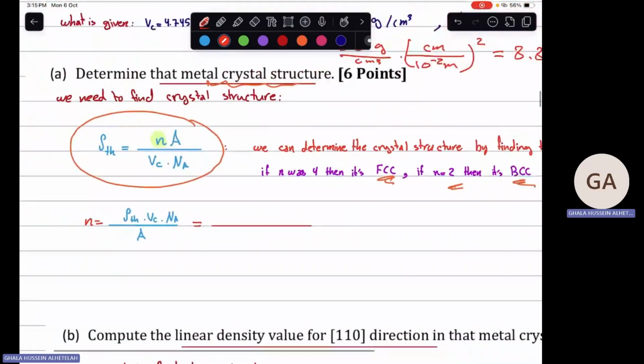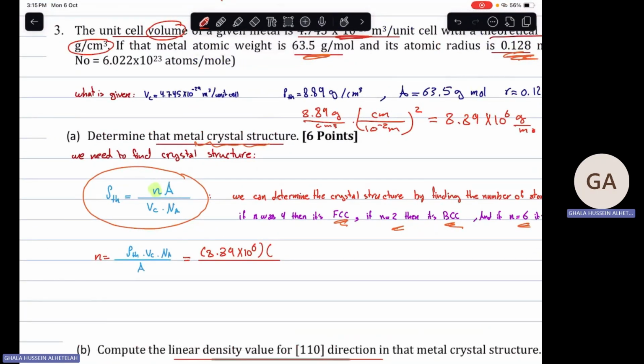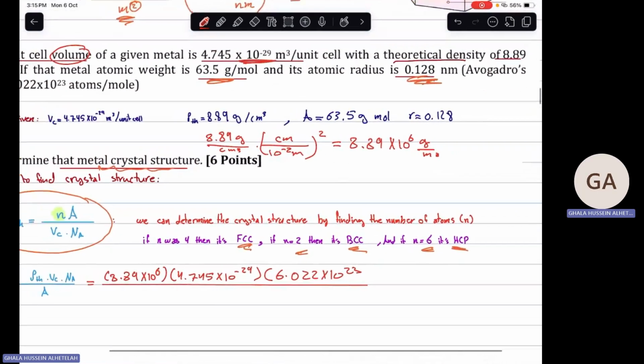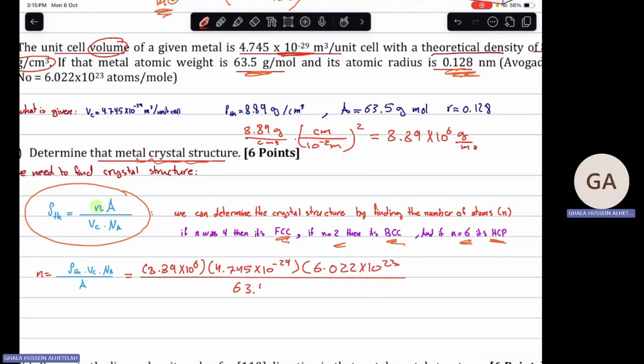So after converting the density, we have 8.89 multiplied by 10 to the power 6, multiplied by the volume, which is 4.745 multiplied by 10 to the power minus 29, multiplied by Avogadro's number, over the atomic weight, which is 63.5.